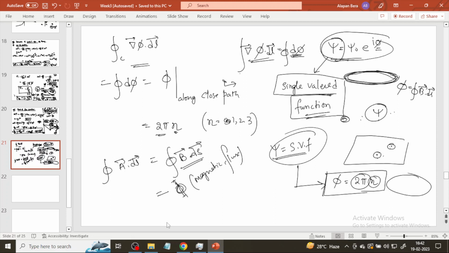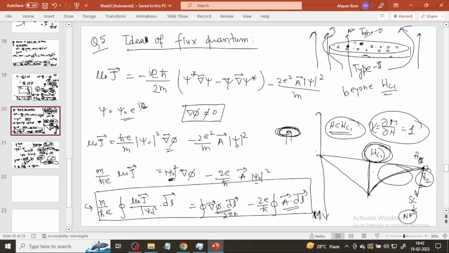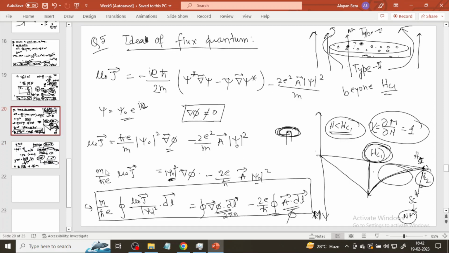Now we just substitute these two terms in the main equation. We have put the value of this term to be phi and taken this term to this side, and this is 2 pi n.